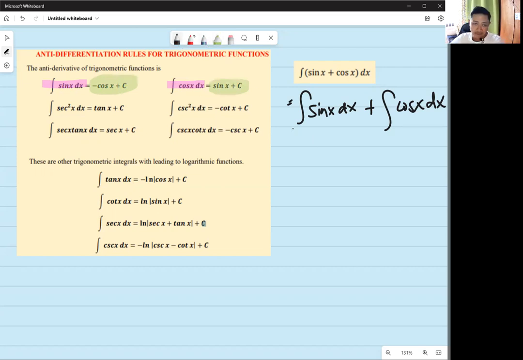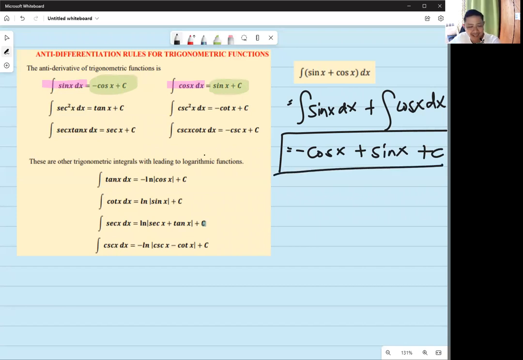Yun lang yun. And of course, don't forget to write C, ha? So this will be rewritten as negative cosine x. Can you follow? Plus, the cosine x will be written as sine x. And of course, don't forget to write plus C. And you're done. See, ang dali. Show me a reaction if you got that process.